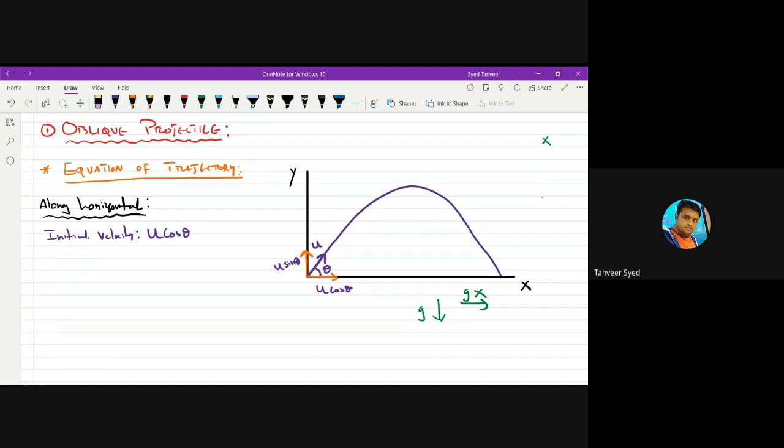There is no acceleration along horizontal direction on the projectile. Acceleration along horizontal is zero, since g does not act along horizontal.